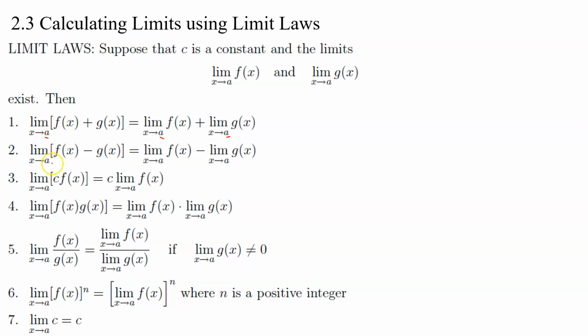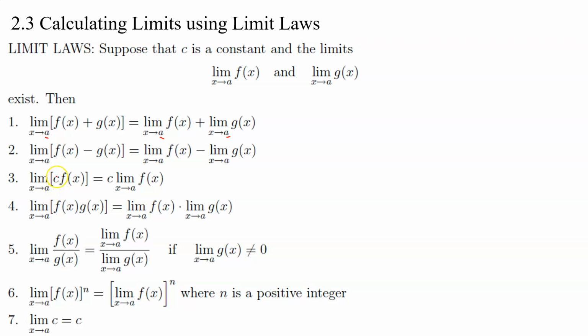Okay, then second one, if you have the limit of f(x) minus g(x), when x also approaching a, then also you can break it down. It's only the sign that is different. Okay, the operation is different. And then when you have the limit of c f(x) when x approaching a, c is a constant.